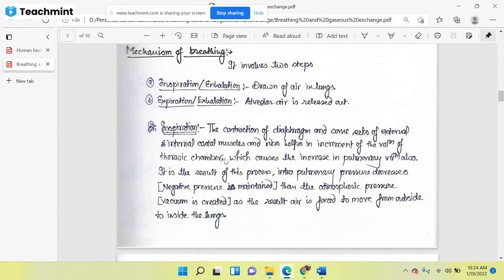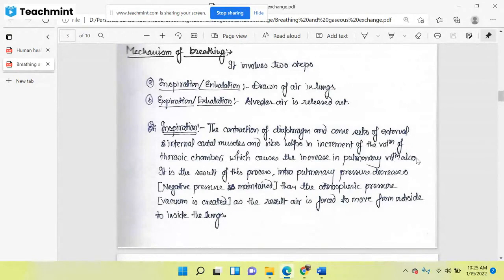Due to expansion of the rib cage and movement of the diaphragm to the downward side, the volume of the thoracic chamber increases. Here it has been written, the volume of the thoracic chamber increases, which causes an increase in pulmonary volume also.